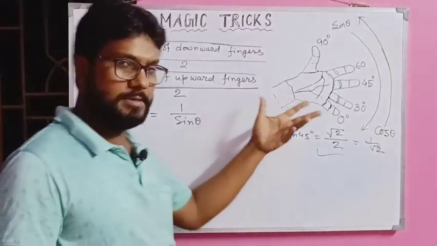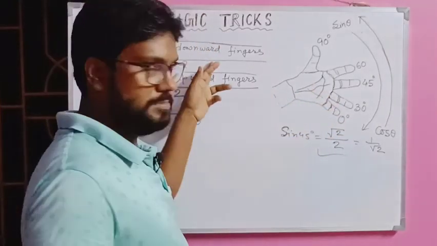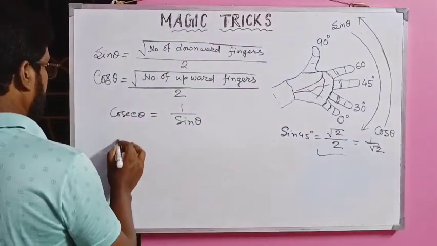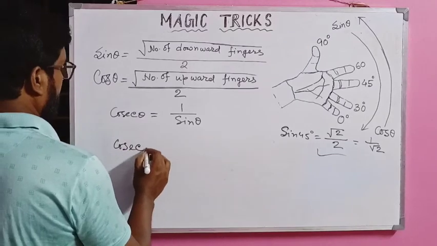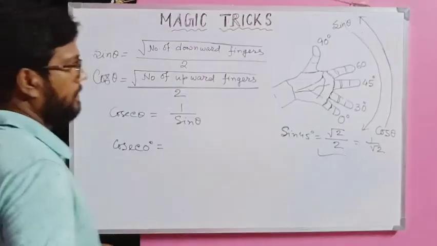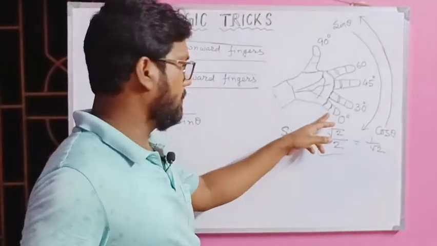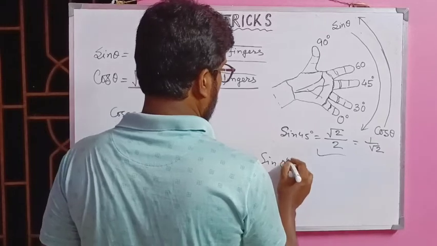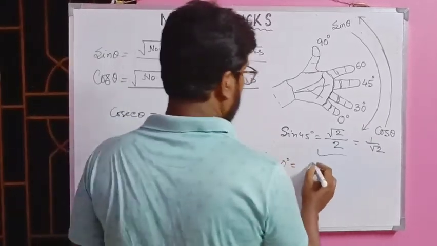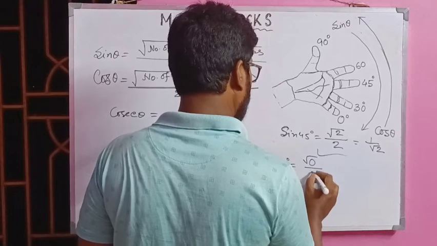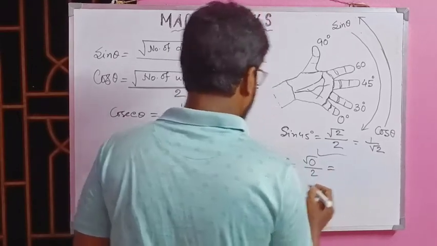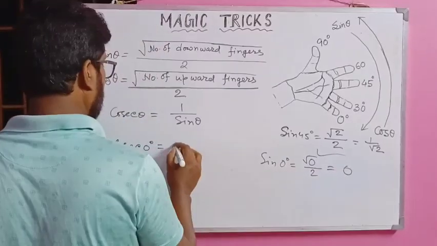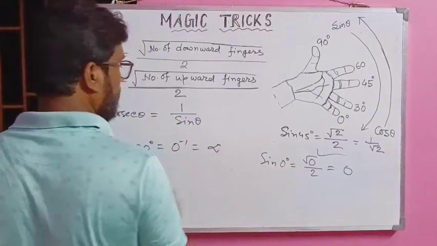How? We know the sin theta rule. Like we want to calculate the value of cosec 0 degree. Here is 0 degree, sin 0 degree equals root 0 by 2, which is 0, and 0 inverse equals infinity.